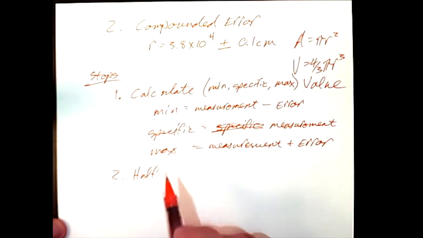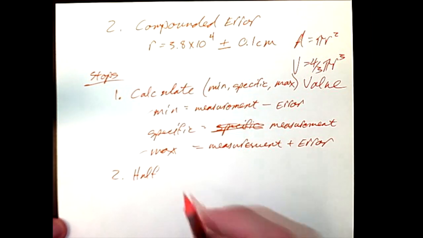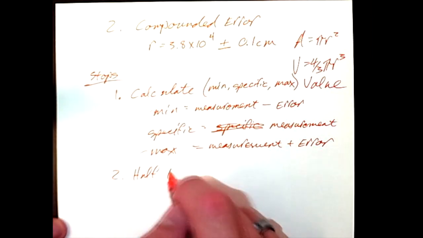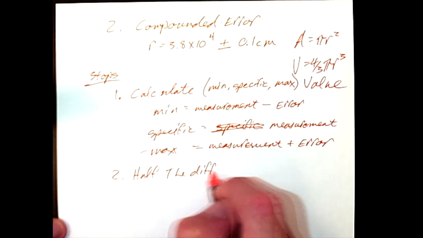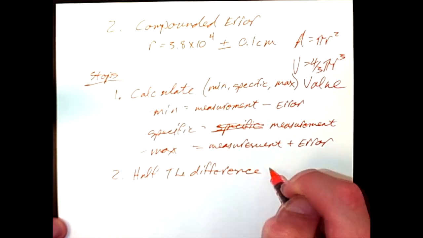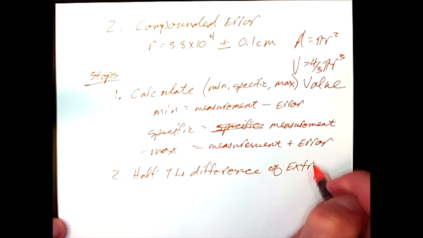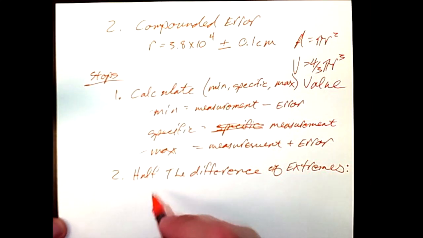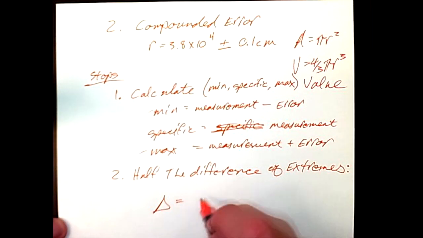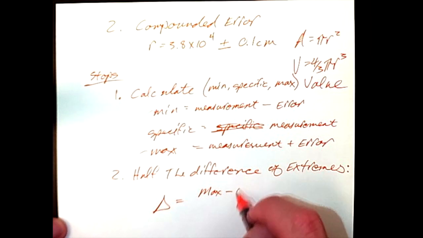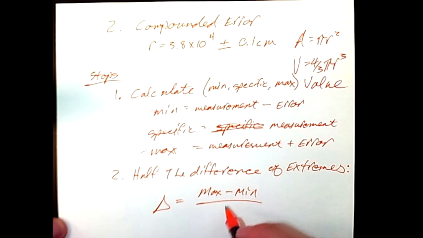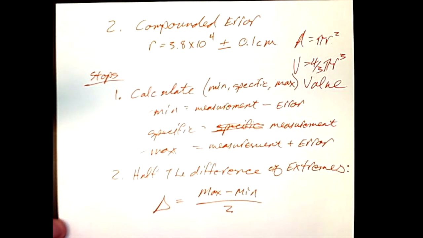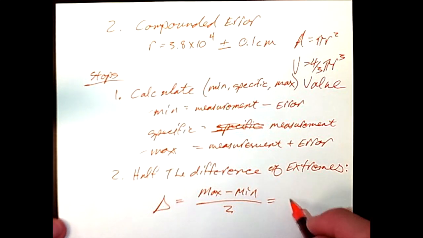In other words, you're going to average these two values. To write that in mathematical terms, we would say that the change is the maximum value minus the minimum value divided by 2. That's going to be our uncertainty for the new calculation.